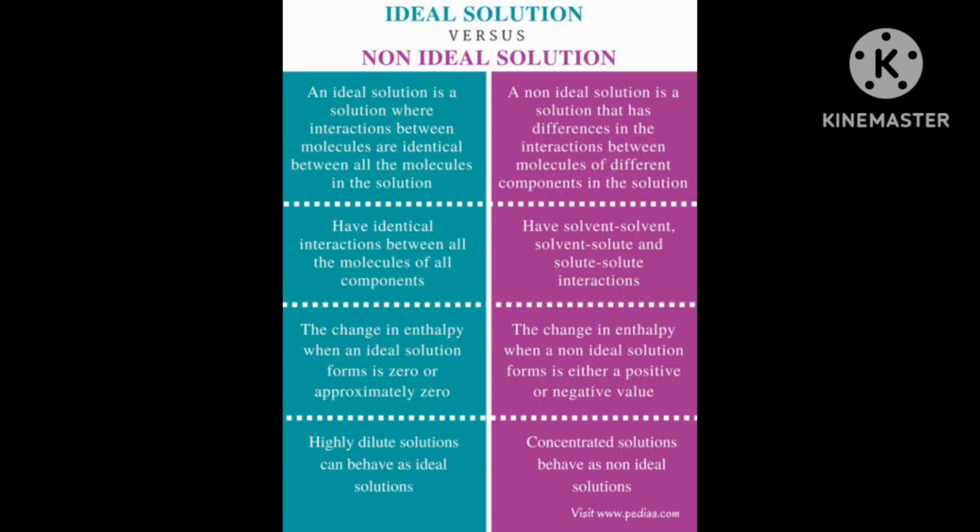They can think that. But don't forget, you have added a non-volatile. Non-volatile can't come up. They will be only in the solution. Now the question is why the vapor pressure decreases. There is a simple explanation.